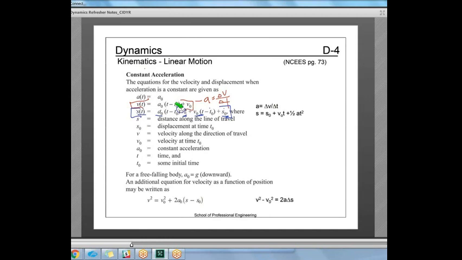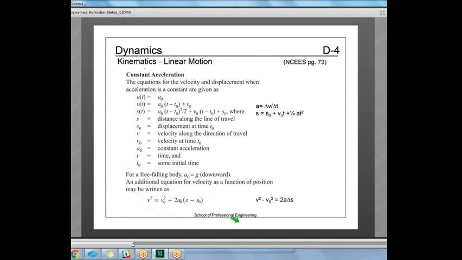So this version of the blue equation allows you to keep track of T naught, but you never need to do that. T naught's always 0. If you tell me after 20 seconds we're going to start this process, how much time does it take? I can add in the 20 seconds after I've done all the math, right? So let T naught be 0.